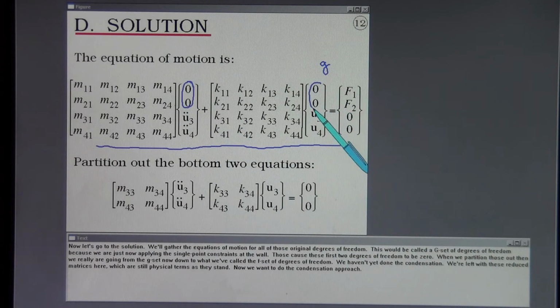When we partition those out, then we really are going from the G set now down to what we've called the F set of degrees of freedom. We haven't yet done the condensation. We're left with these reduced matrices here, which are still physical terms as they stand. Now we want to do the condensation approach.